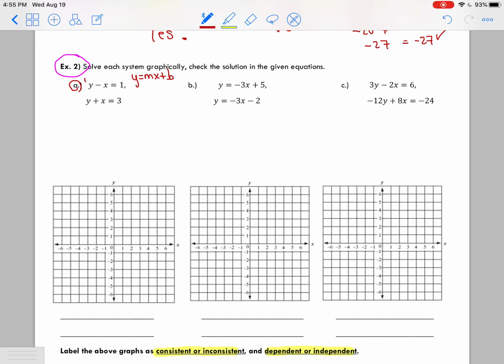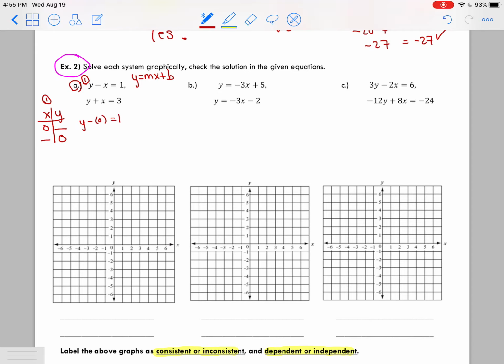We're going to call this guy equation number 1. So I'm going to come down here and do my intercept table for equation number 1. When x is 0, I need to find y, and when y is 0, I need to find x. So let's do it. We've got y minus 0 equals 1.